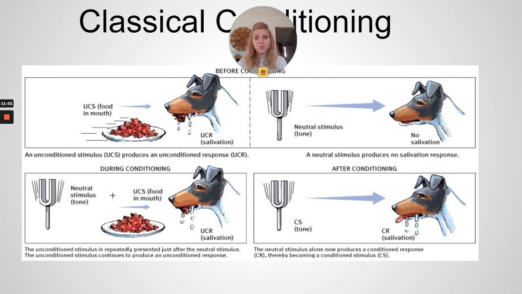He believed that this was how humans as well as animals would have learned in the wild: when I pair this with this, there's going to be some kind of automatic bodily consequence. That might help protect me, for example, from something that might make me sick, or it might be something that I'm fearful of. This is the basis of classical conditioning.